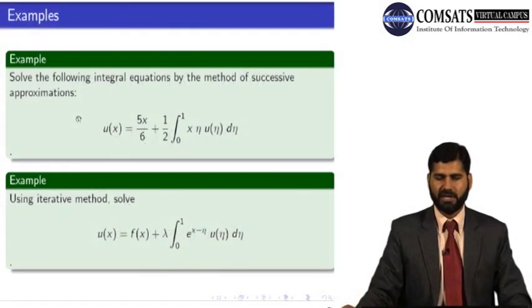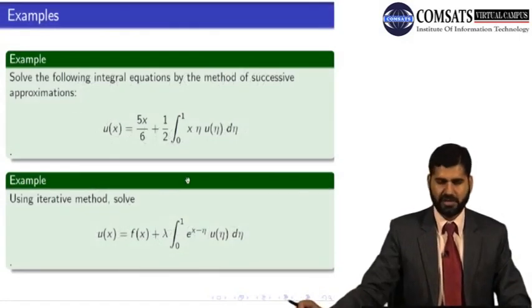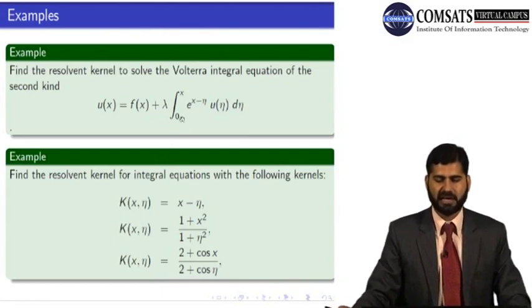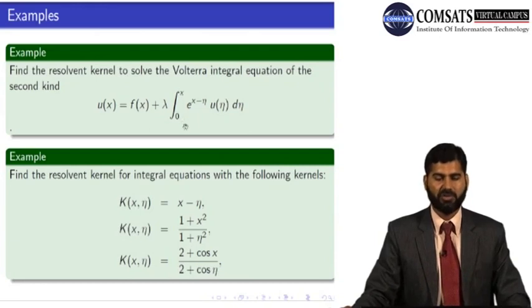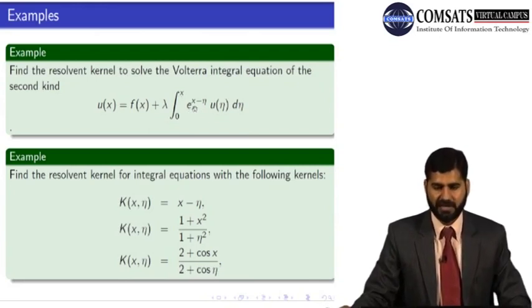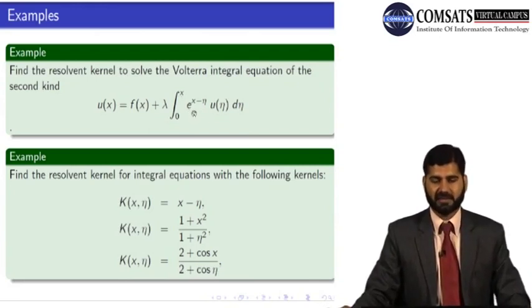So I did 2-3 examples. I did one for the Volterra equation, and the Fredholm equation from 0 to 1 as well. You can do 0 to x, it's very easy because the resolvent kernel comes out the same every time. You can find k1, k2, k3, which are x minus eta.